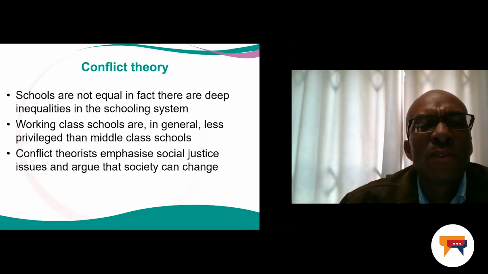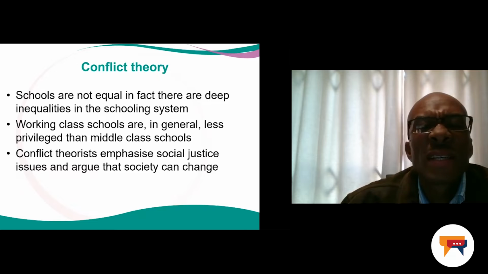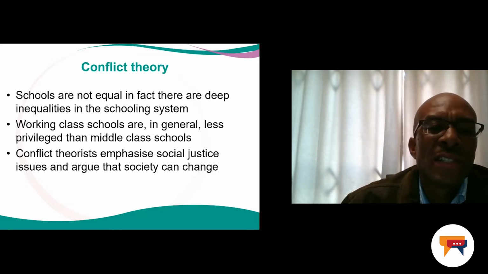In relation to schools, it's important to mention that schools are not equal in the fact that there are deep inequalities which are rooted in the schooling system. For example, working class schools are in general less privileged when you compare them to middle class schools and the elite schools.